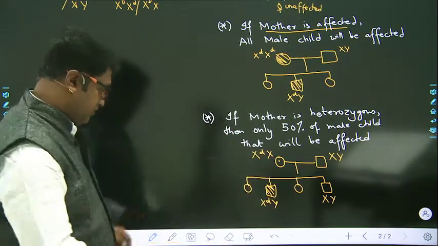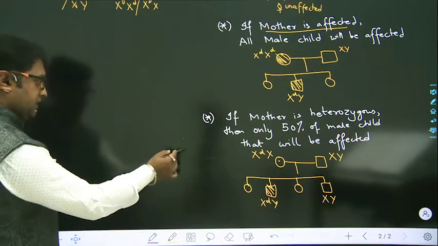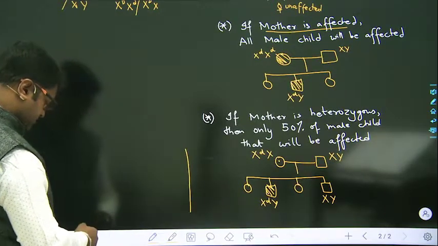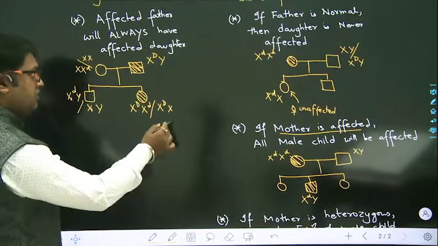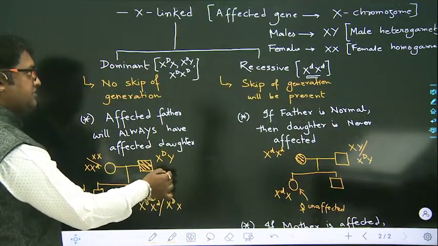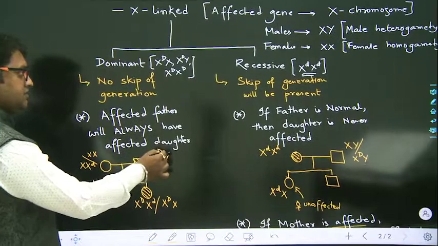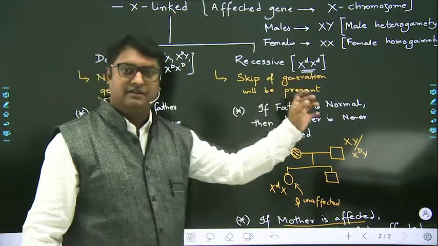Clear? So what are the things which we studied today? We discussed X-linked genes, and in X-linked genes we discussed the dominant and the recessive.